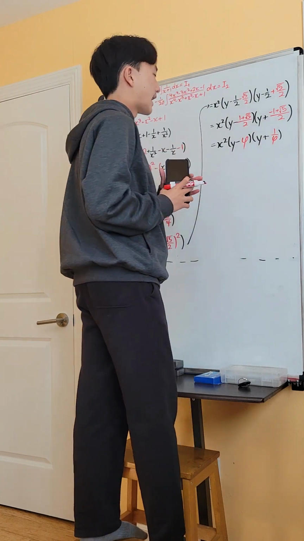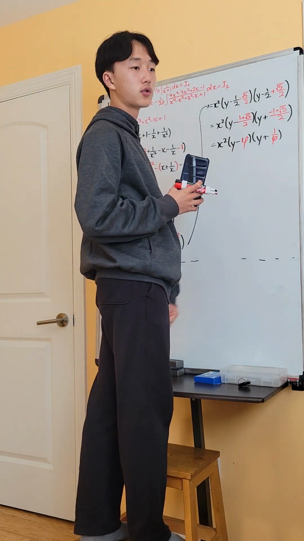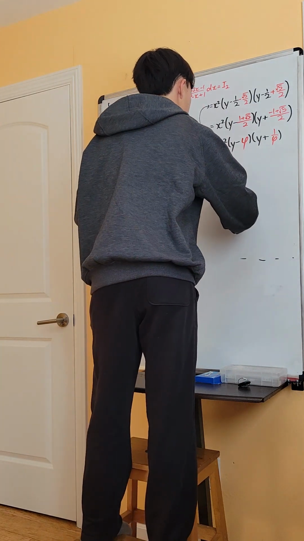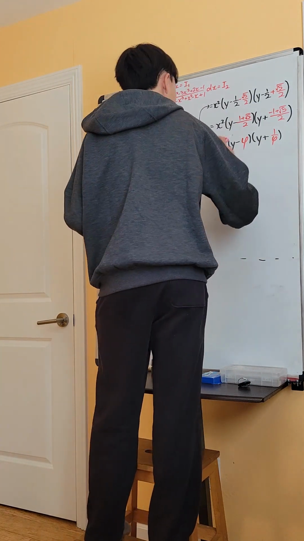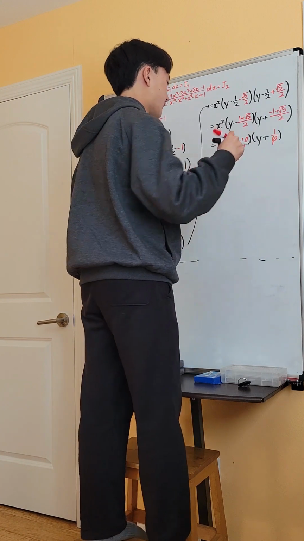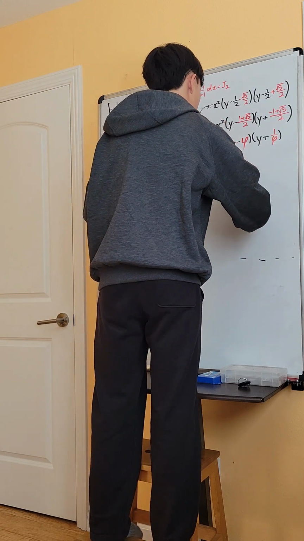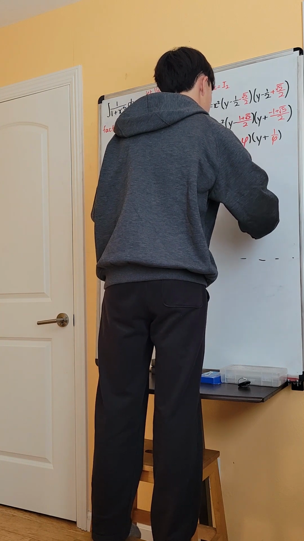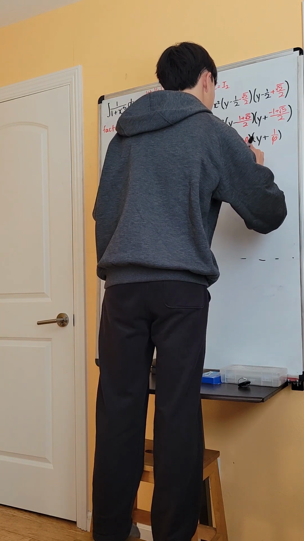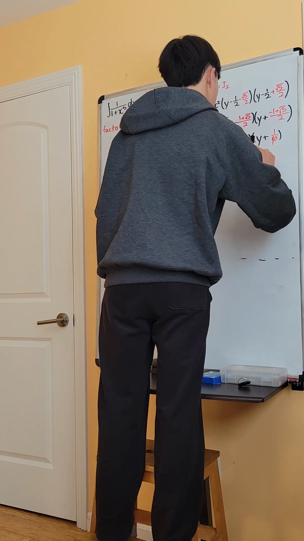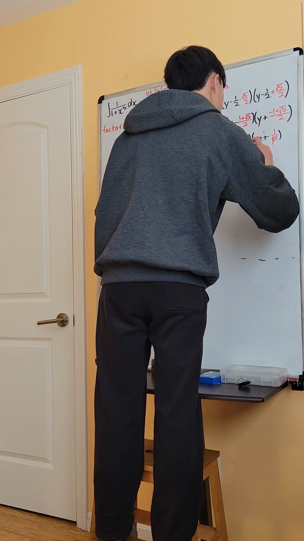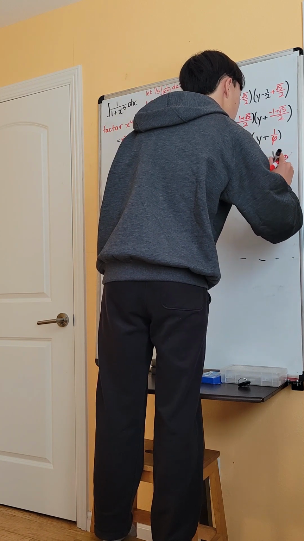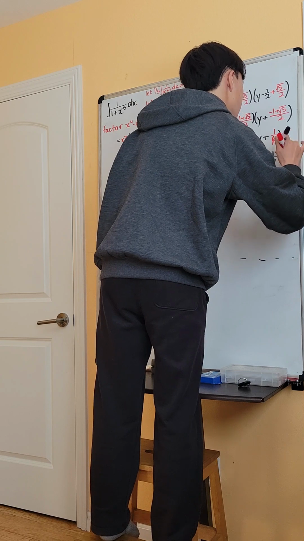Okay, what's next? You see that there's two x's here and there's two binomials here. Multiply the x into the binomials and you're done. So, in fact, let's do that first. Multiplying the x in, we get x, y, minus phi times x. And then here we get xy, and then plus 1 over phi times x.